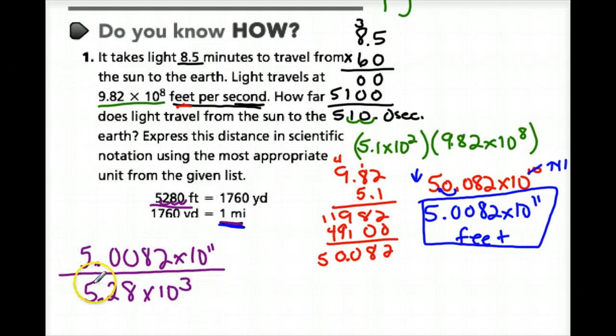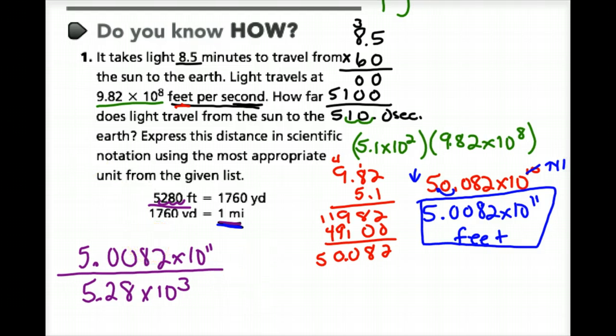So now we just have to figure out what 5.0082 divided by 5.28 is. Well, you might be thinking, oh gosh, I really don't want to do all this math. So I'm going to do it for you, and I'm going to encourage you on your homework to use the little calculator button.